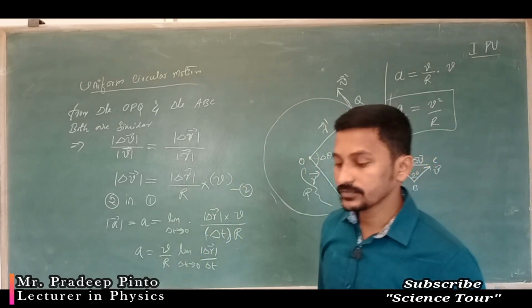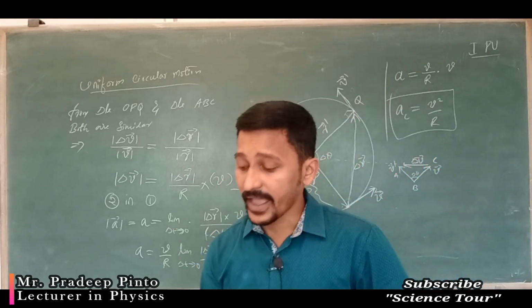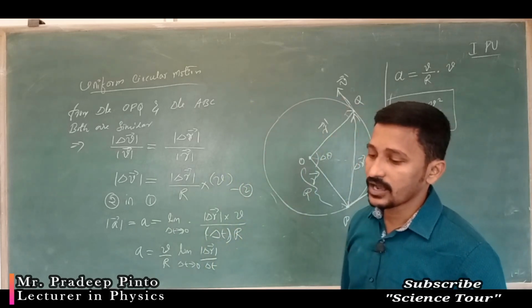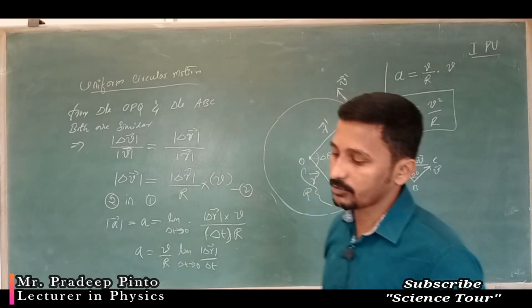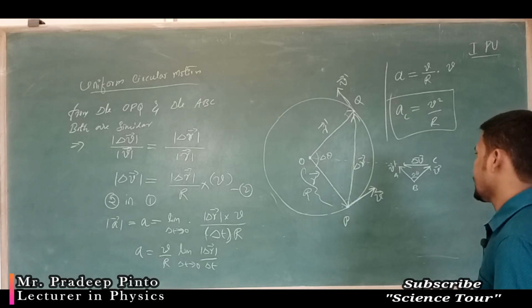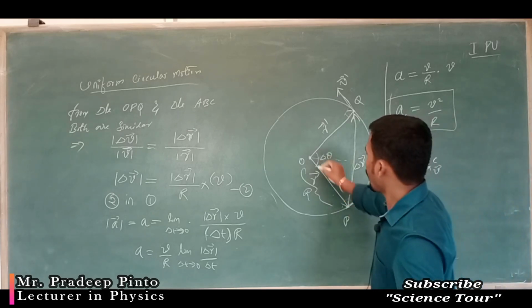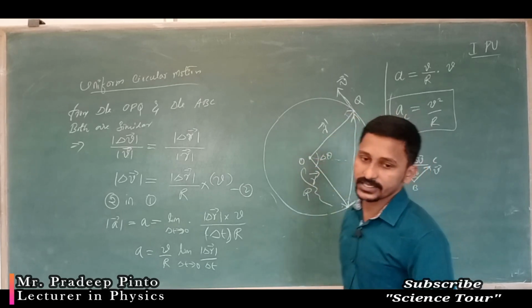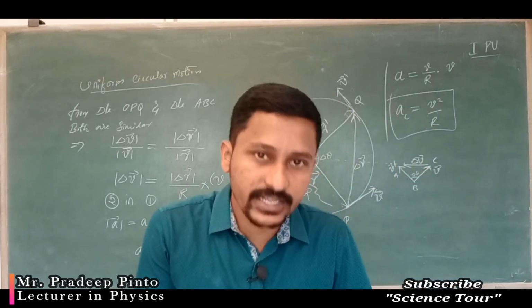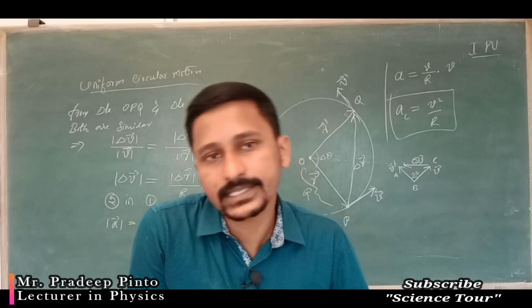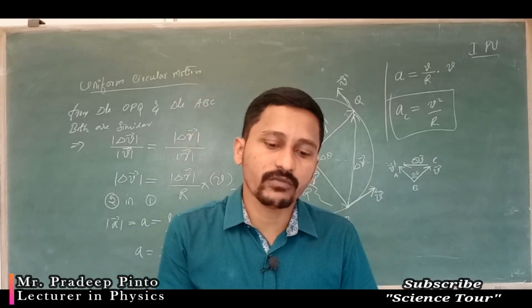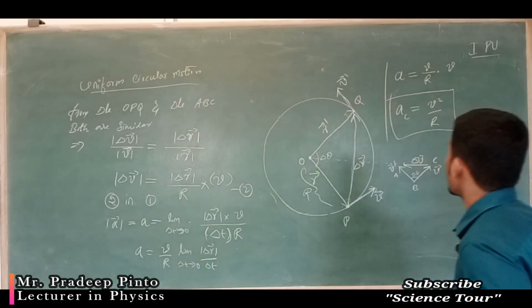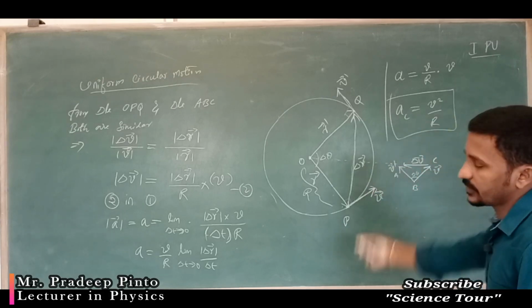You can write: the acceleration acting on an object undergoing uniform circular motion is called centripetal acceleration, and it is always directed towards the center. This is the magnitude of centripetal acceleration.